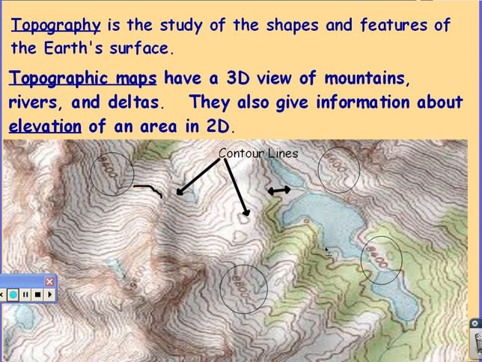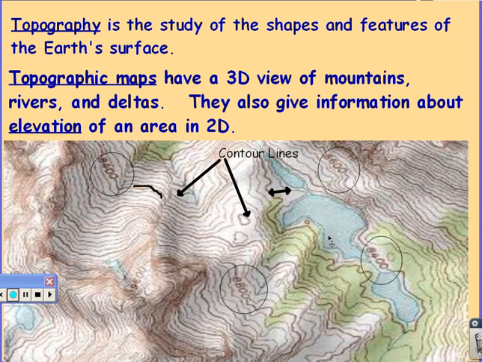It shows this lowest elevation right here. However, it actually goes lower. So even though the highest contour line shows the highest elevation, the elevation technically goes higher, and the lowest contour line, the elevation technically goes lower. So contour lines, contour line intervals, elevation, topographic map, and topography are all part of your vocabulary there.